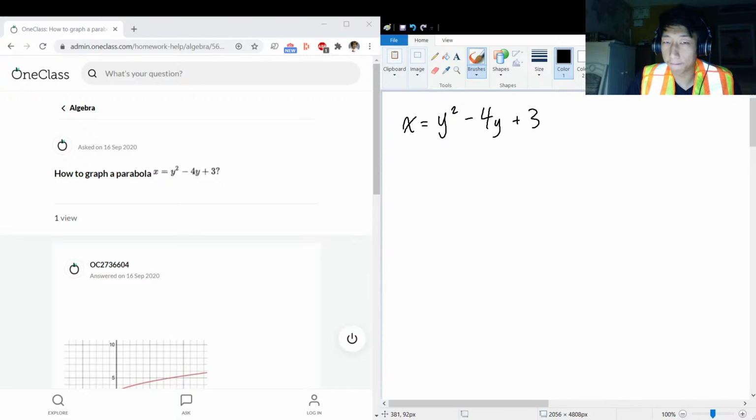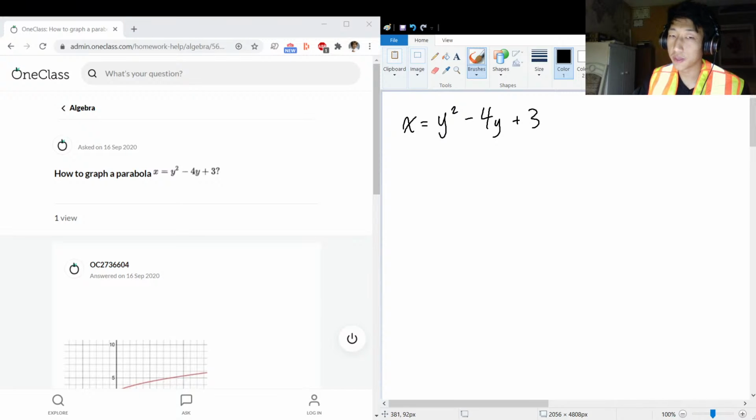Because if you look closely, this follows the parabola format, and we're just not used to seeing y squared. We're typically expecting to see x squared and stuff like that. But that is no worry. We can still handle this.